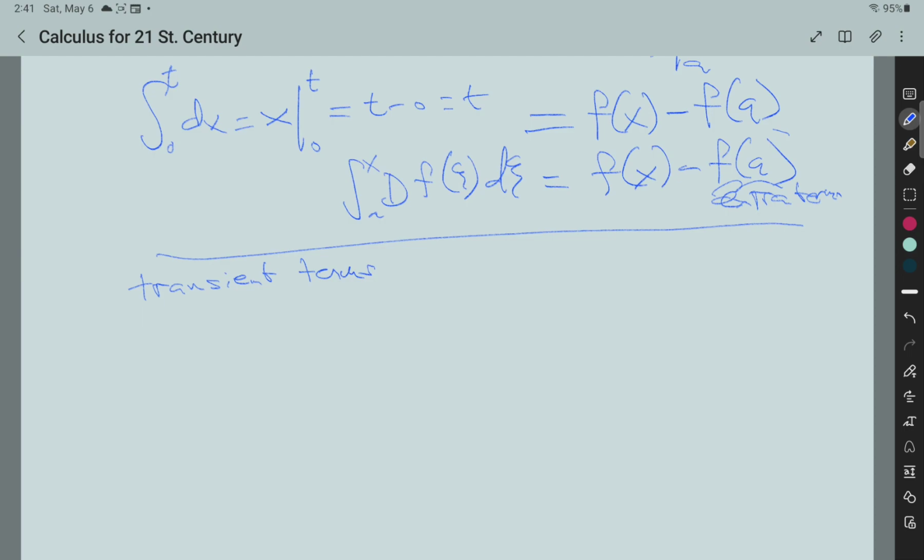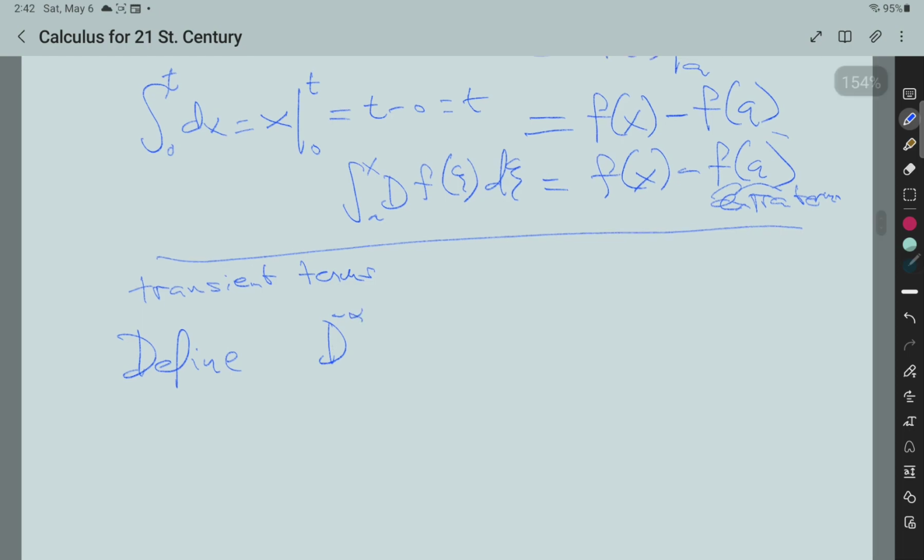So we're going to define something. We're going to define the integral. Define this as the integral. So the derivative is when you have a positive term. So when you have a negative term, negative alpha, let's say, how about just 1? Okay, just 1 right now.